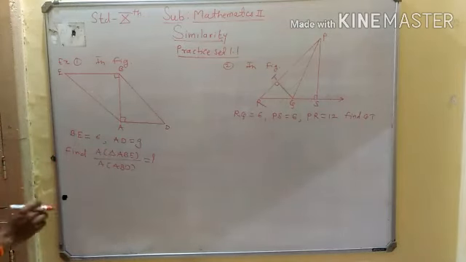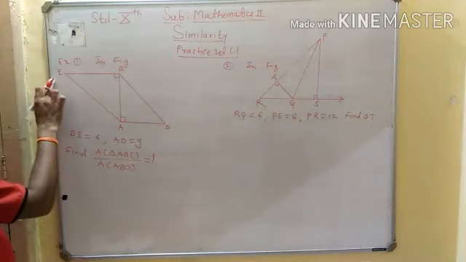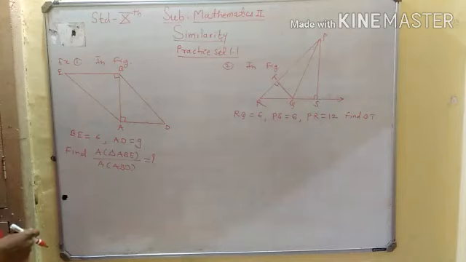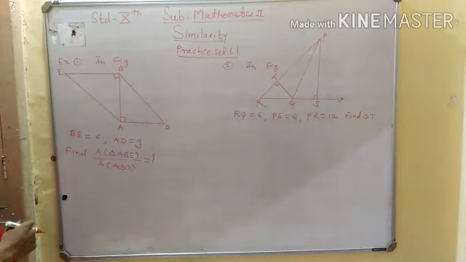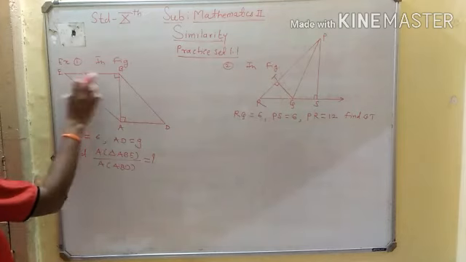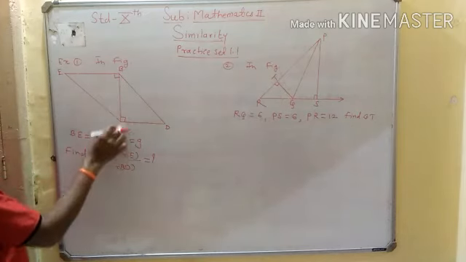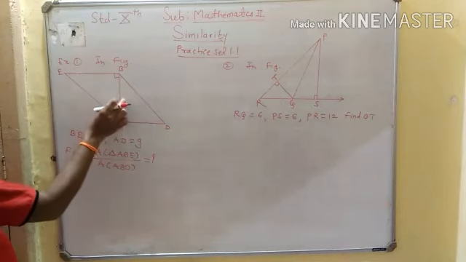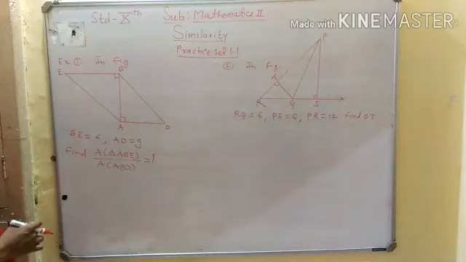In the figure, in triangle ABE and triangle ABD, both the triangles have the height AB common, because here given BE perpendicular to AB, also AD perpendicular to AB. That means AB is the same height of those two given triangles.